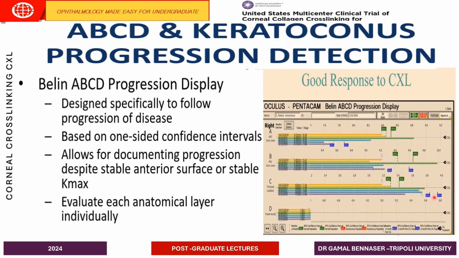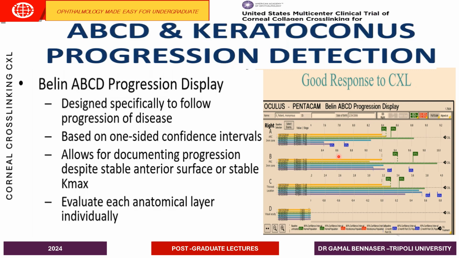Now, we shouldn't forget in this regard the ABCD progression display that we have spoken about in the lecture on keratoconus, and this is the hallmark and the gold standard for the tomographic-based assessment of the efficacy of your cross-linking, especially the new version or the latest update of the software where they include the flags for the cross-linking, and they specify the different visits and the confidence interval that indicate whether there is significant improvement and whether your patient is stable or not.